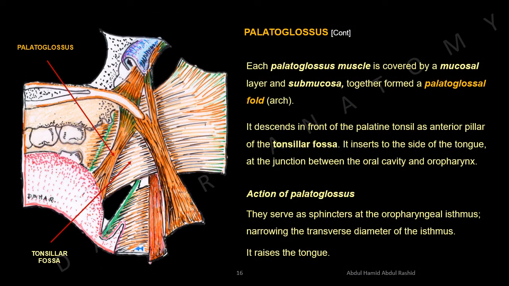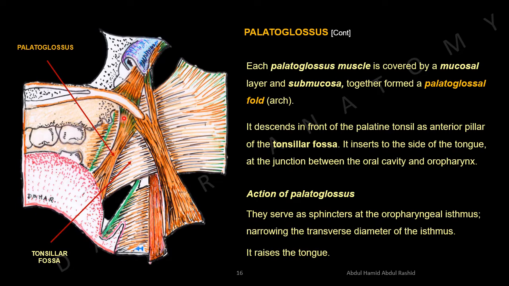Continuation of palatoglossus muscles. This is the soft palate. This is the palatoglossus muscle. This is the tonsillar fossa. Palatoglossus muscle is covered by mucosal layer and submucosa, which together form the palatoglossal fold, also known as the palatoglossal arch.